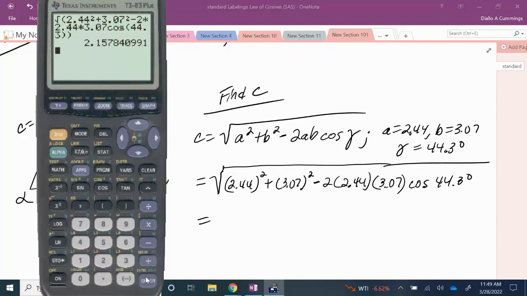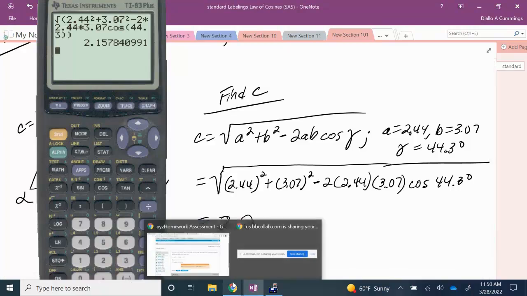Close off my argument for cosine, close off my argument for the radical, and we get 2.15. All right, so I'll leave that on the screen for just a second. All right, and if we were to round to the nearest tenths, I believe we would have 2.2.